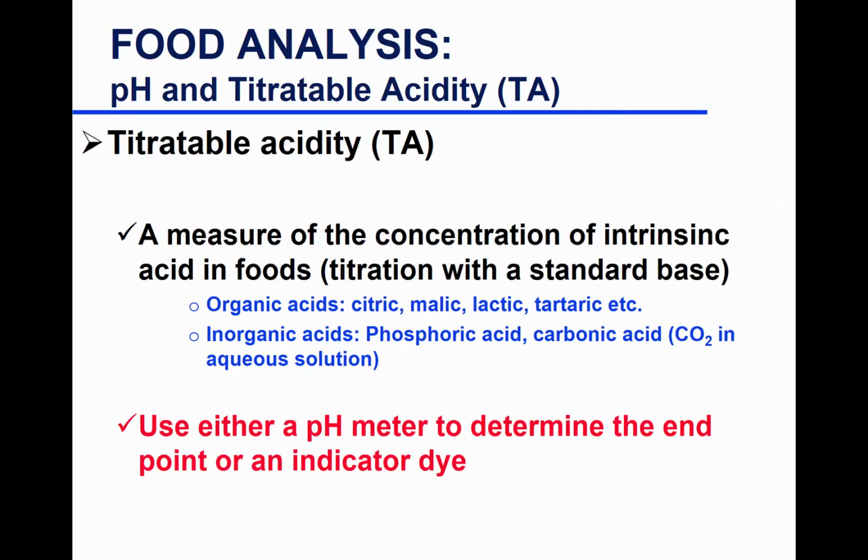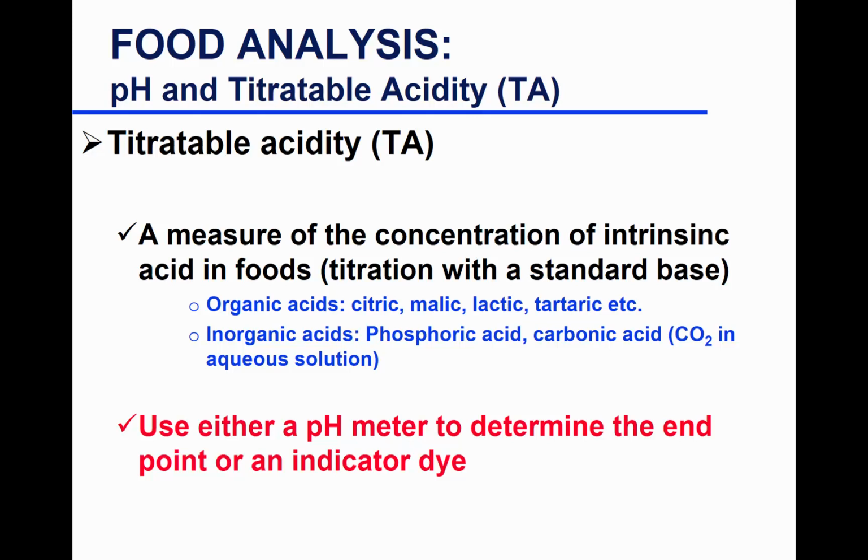So I still have a few minutes, why not? Titratable acidity is a measure of the concentration of intrinsic acid in food. Basically we're titrating with a standard base. The organic acids commonly found in food are citric, malic, lactic, and tartaric. If you're measuring acidity in milk, you calculate percent titratable acidity using lactic acid as your organic acid.